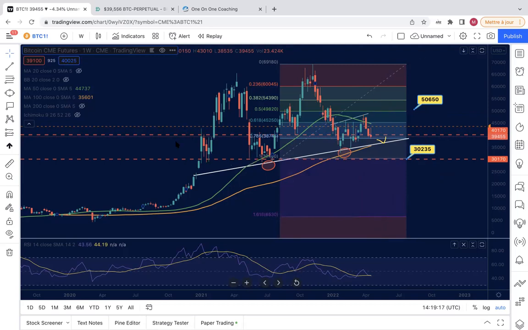So here the double top, in order to invalidate it, the Bitcoin should break out 50% of the movement. So this is the last movement. Okay, it's the same here. The 50% is around 49,000, 50,000. So it's almost exactly the same level as the bearish flag.